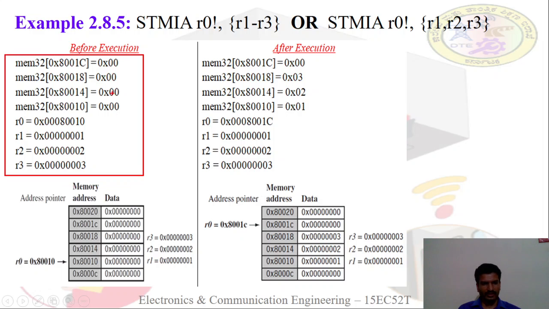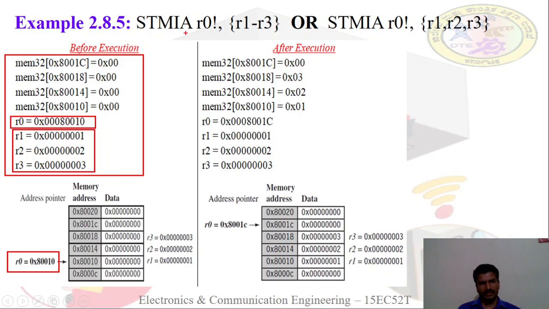Now assume that all memory locations contain 0000. In the previous case I had taken the initial values of the registers as 000. So here the memory location values are 000. The starting address is 80010, held by R0, and the register values are R1 contains 1, R2 contains 2, R3 contains 3.